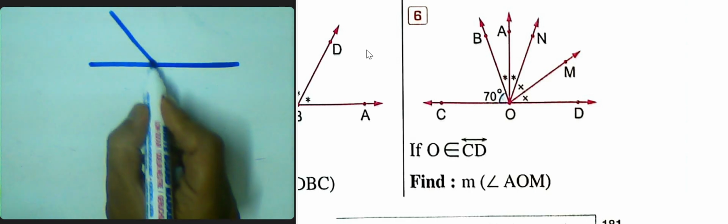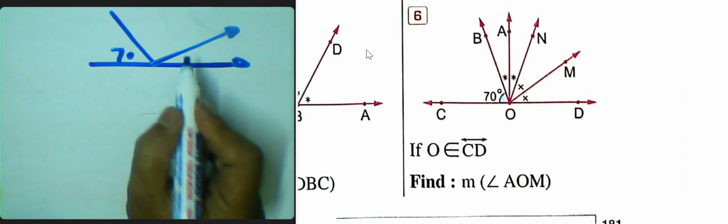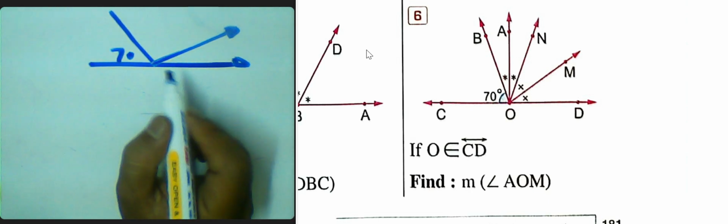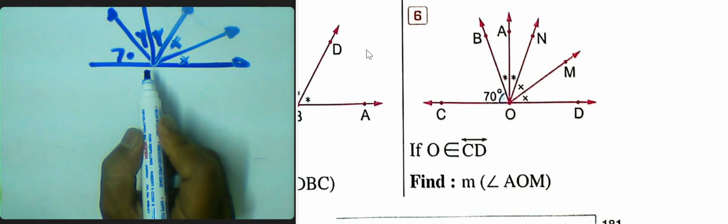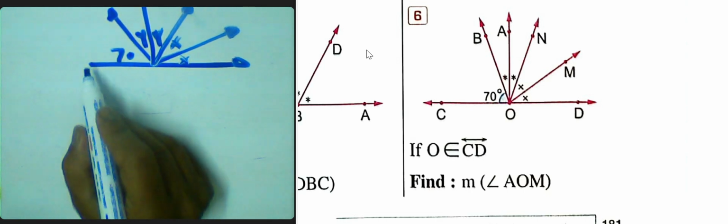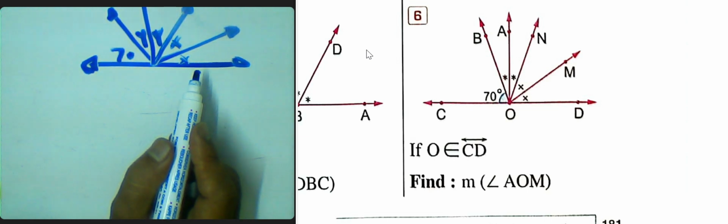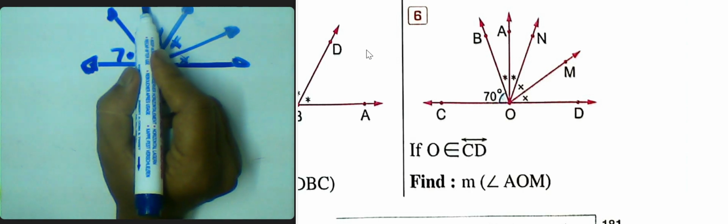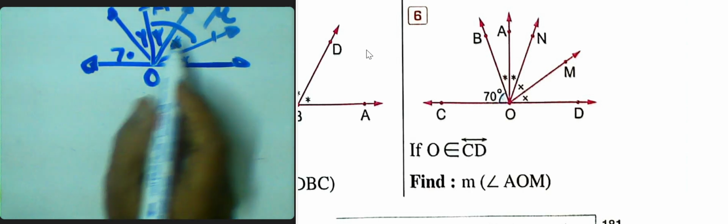He divided here and wrote 70, and wrote OA, and put here this angle. I will put here X, and here X, and we have here two angles, Y and Y. We write X and X because they are equal, and Y and Y. And we have here 70. You want to find EOM.